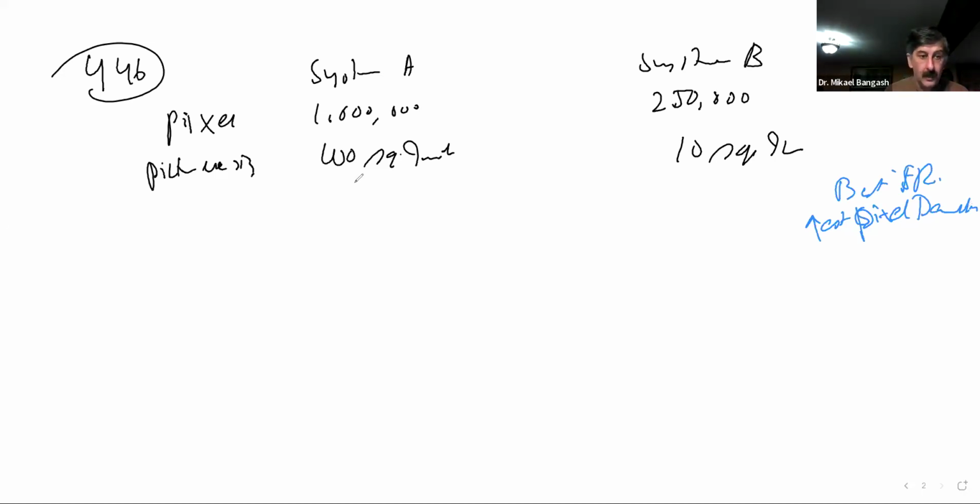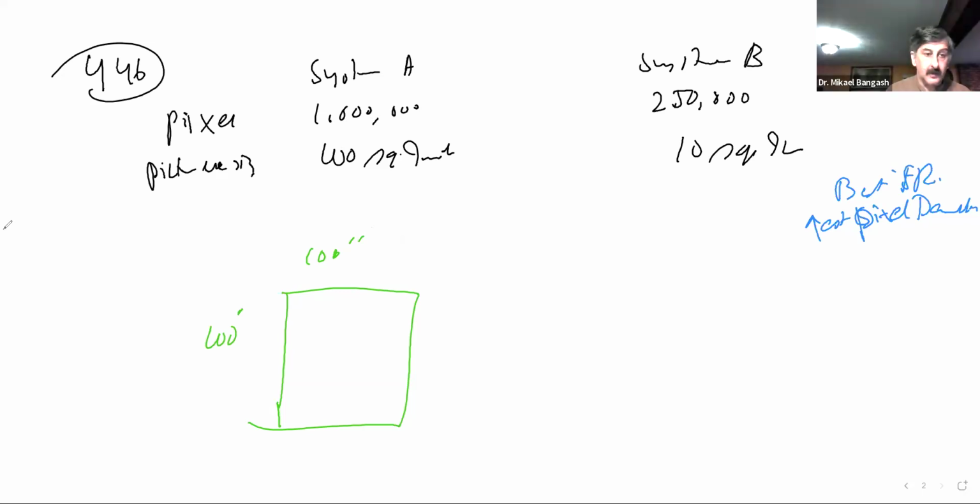How do you get that? We have a 100 square inch image, which is going to be 100 inches this way and 100 inches this way. That becomes 100 square inch. But in this 100 square inch image, we have a total of 1 million pixels.